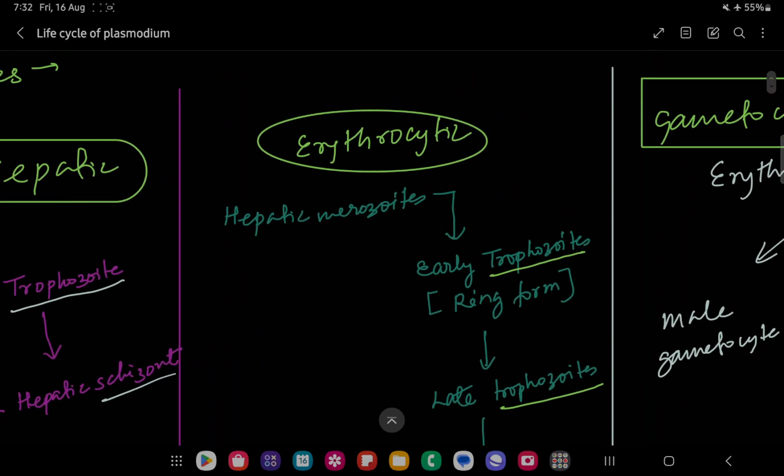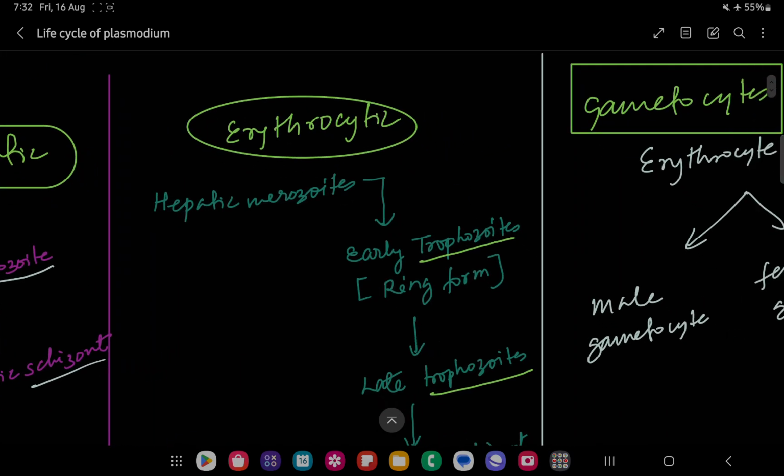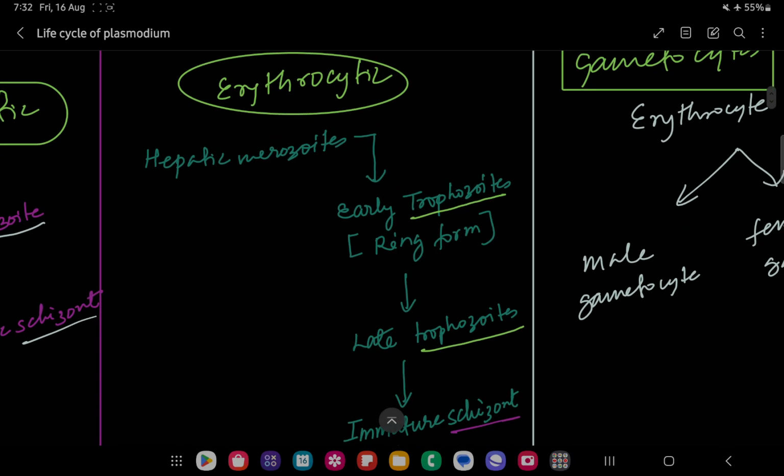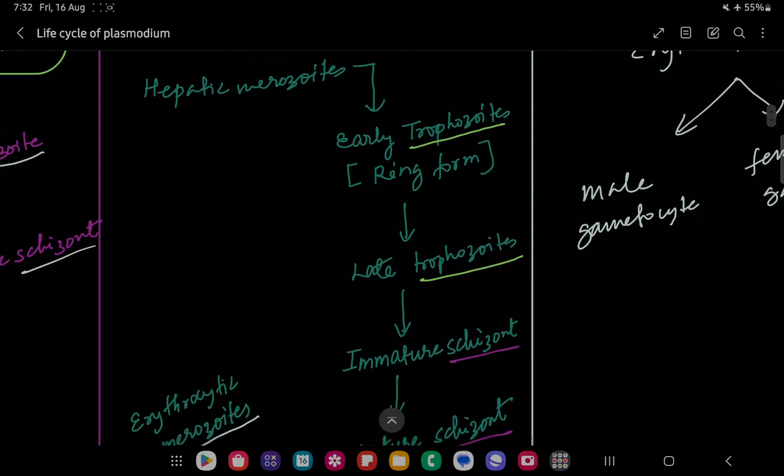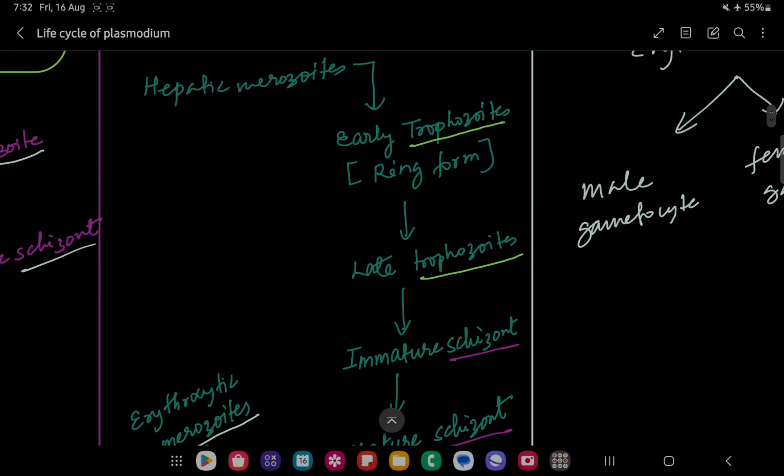merozoites are now released into the blood vessel, and then these hepatic merozoites invade the RBC and enter the RBC, and there it forms an early trophozoite. So from a merozoite it forms an early trophozoite, which we call the ring form, and then that early trophozoite is converted to a late trophozoite.